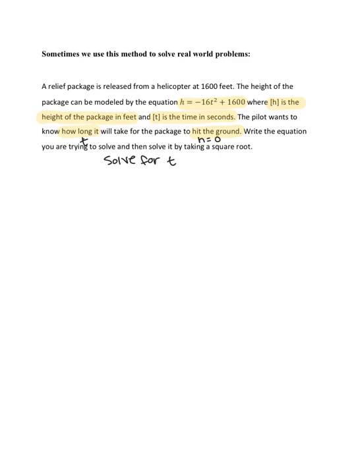Write the equation you're trying to solve and then solve it by taking a square root. So I'm going to rewrite my original equation. I'm going to replace my H with 0 because that's going to represent when the package hits the ground. And then I'm going to solve this equation for t. So I'm going to need to move some things around.